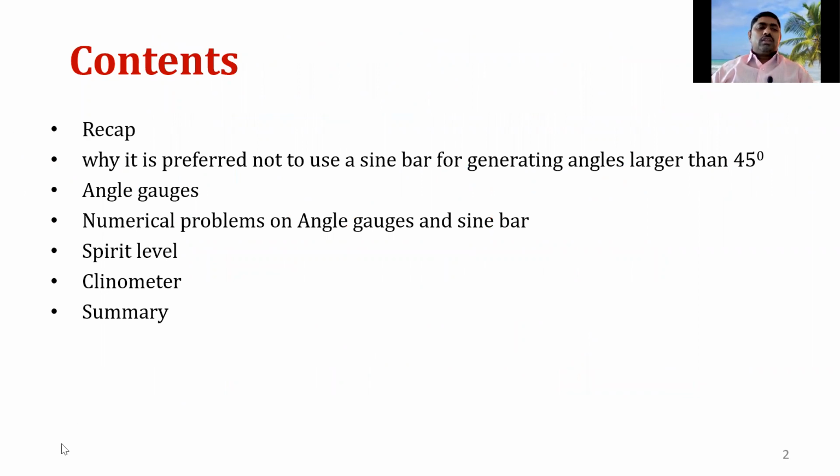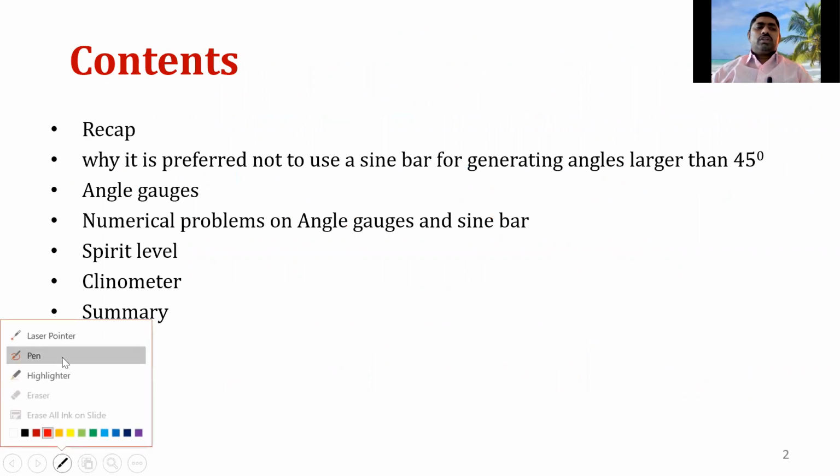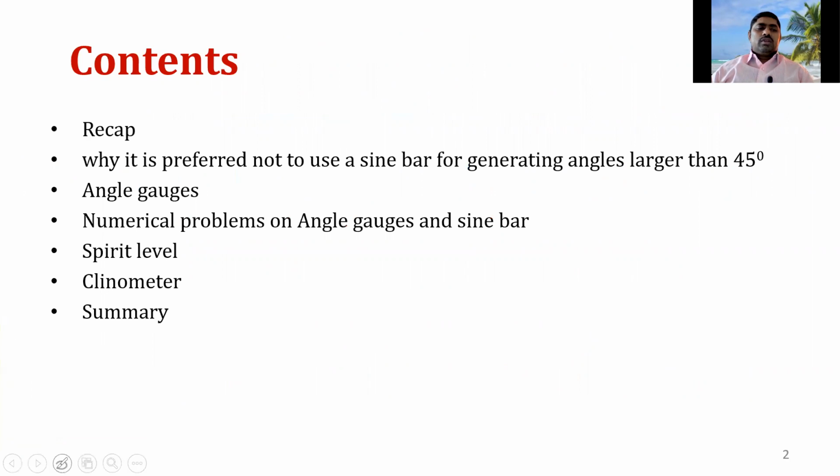We will recall the last class, the fourth lecture, and then we will discuss why the sine bar is not preferred for angles larger than 45 degree, and then we will discuss the angle gauges, and we will solve some problems on angle gauges and sine bar, and then we will discuss the use of spirit level, and then the clinometers, and then we will conclude today's class.